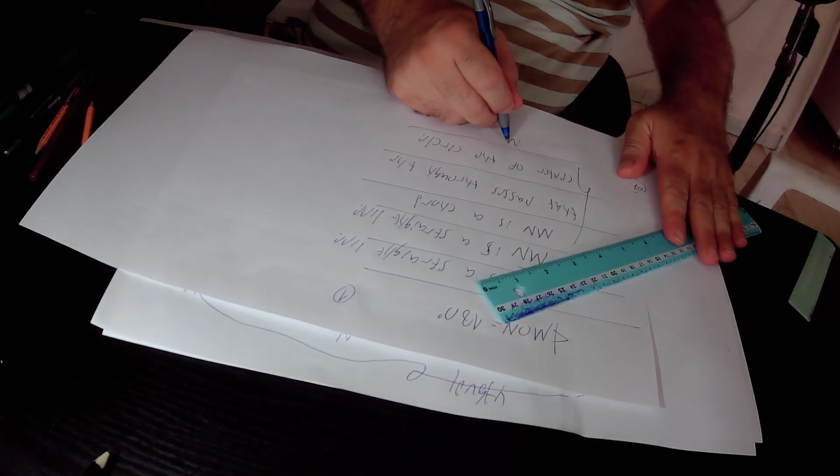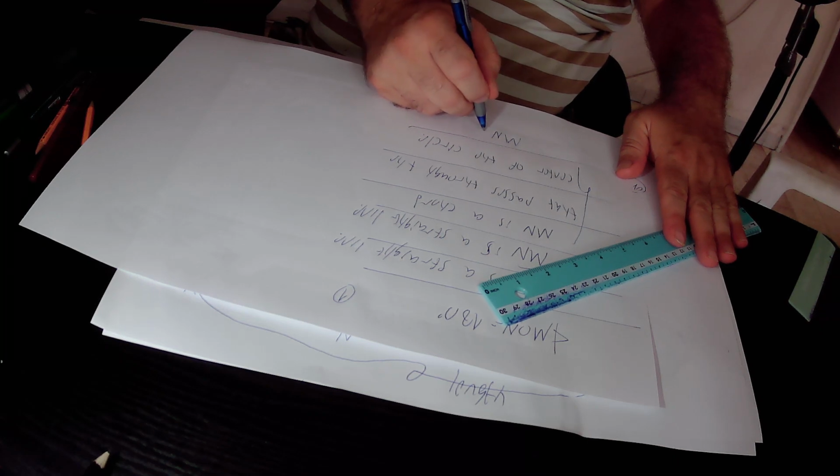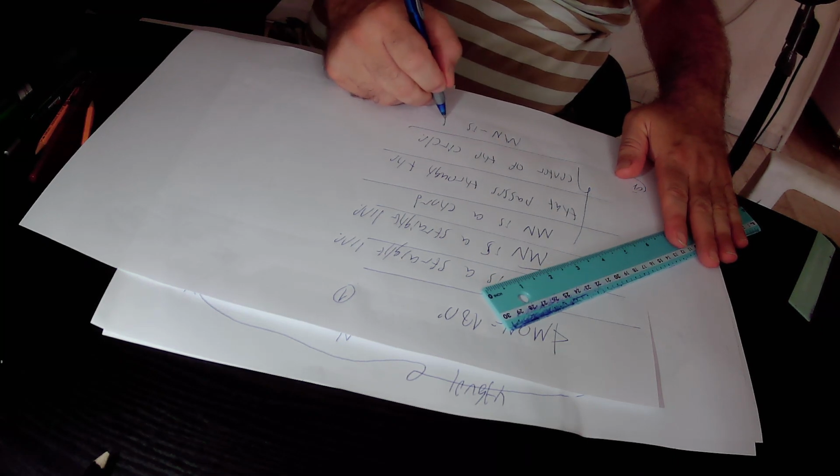Therefore, MN is the diameter of the circle.